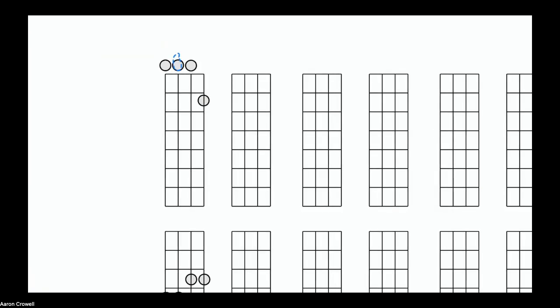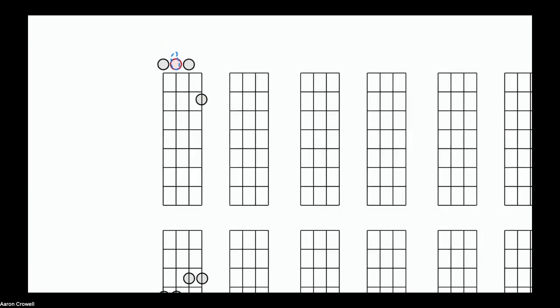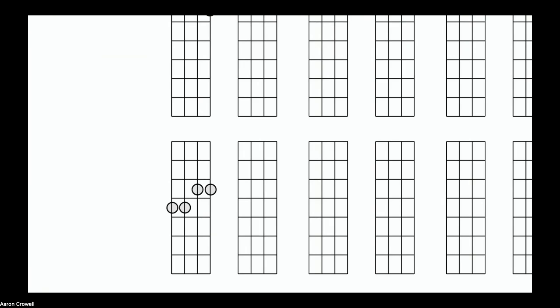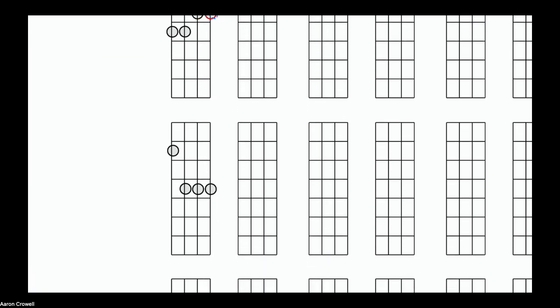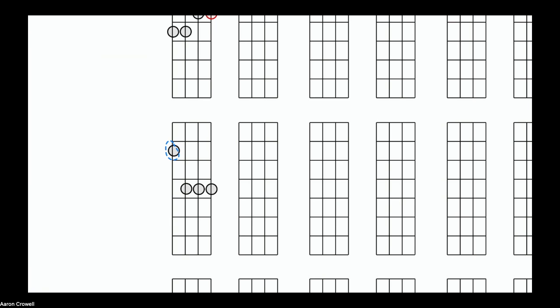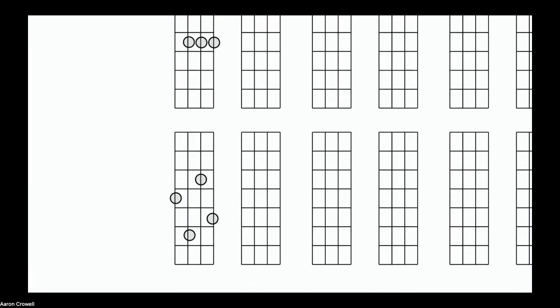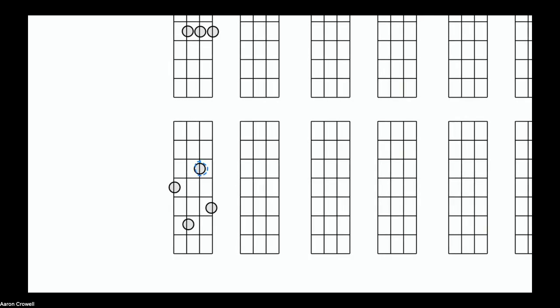Okay, so this is going to be root, root on 1, root on 4, and root on 2.